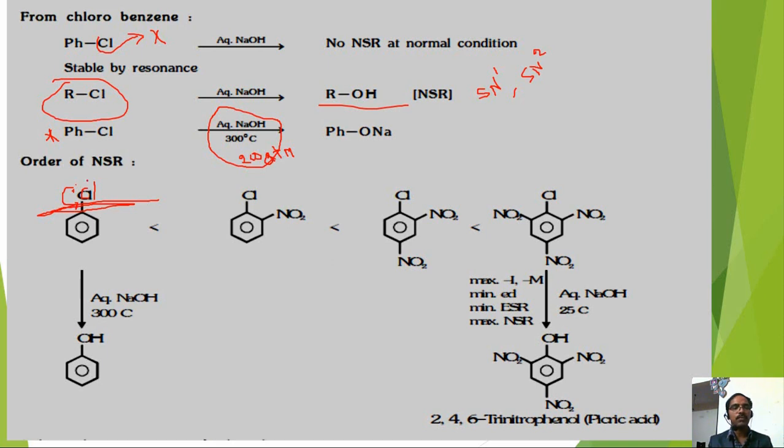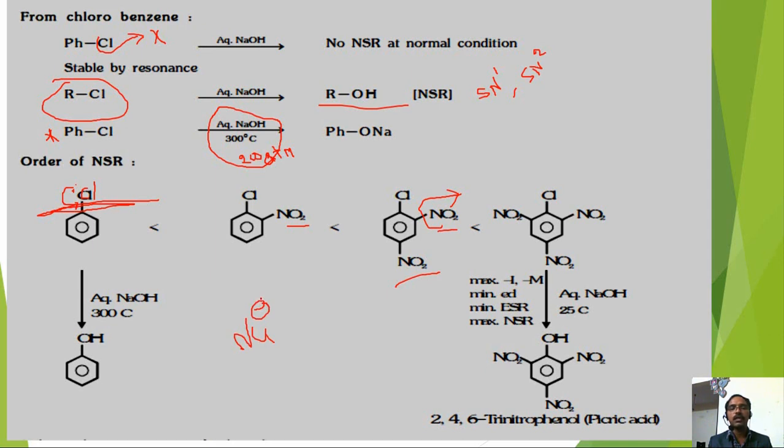Next, the order of nucleophilic substitution reaction. In chlorobenzene, we can have an ortho nitro; then ortho and para nitro; then two ortho nitro groups and one para nitro group. Whenever these ring deactivating groups are present, the nucleophilic substitution reaction rate increases. First of all, what is a nucleophile? An electron-excess species. Where will it attack?